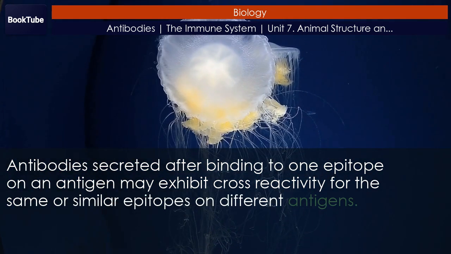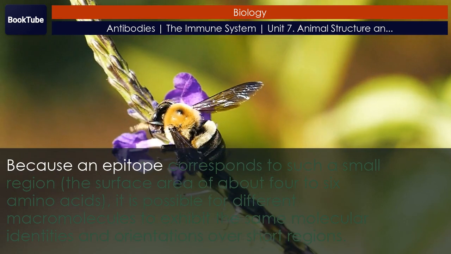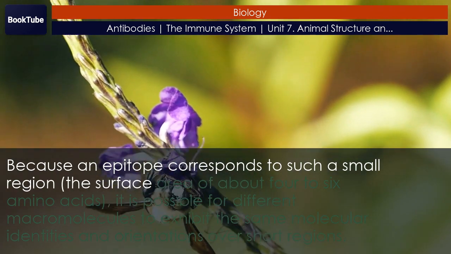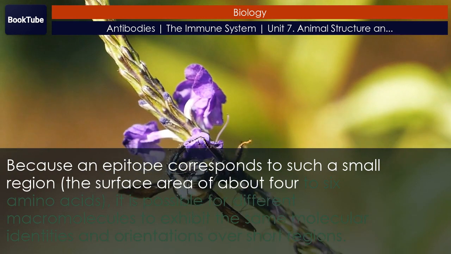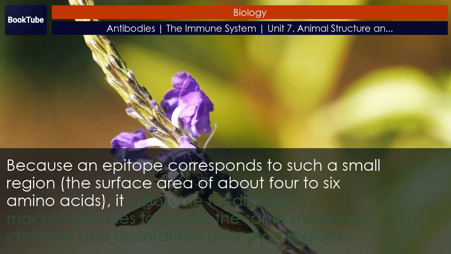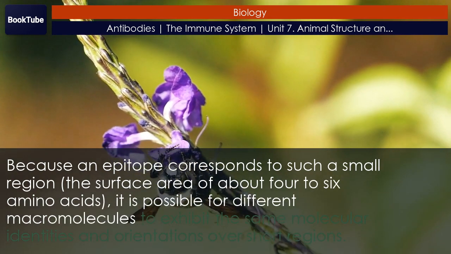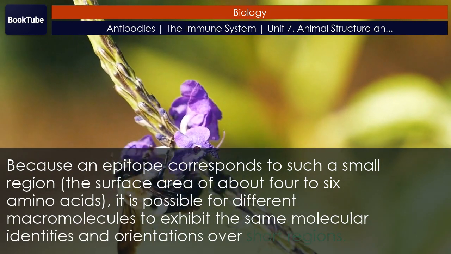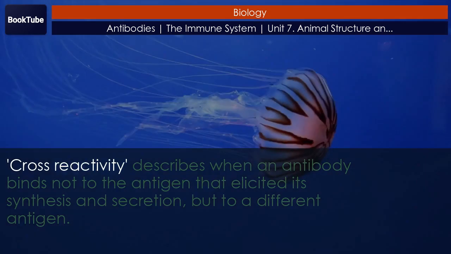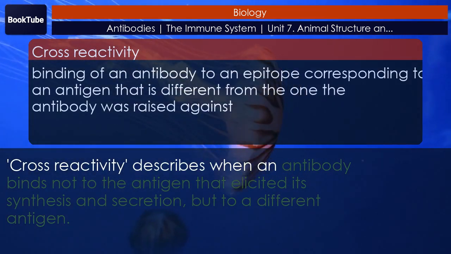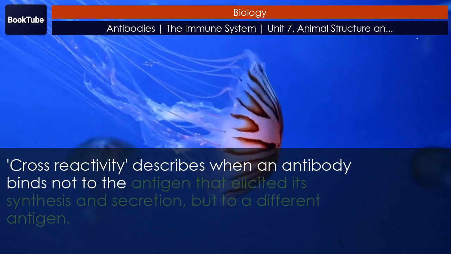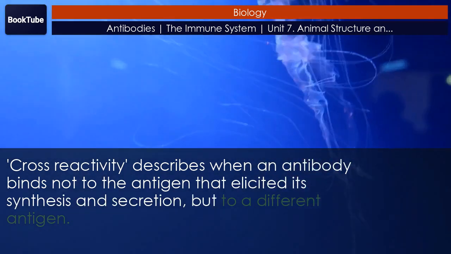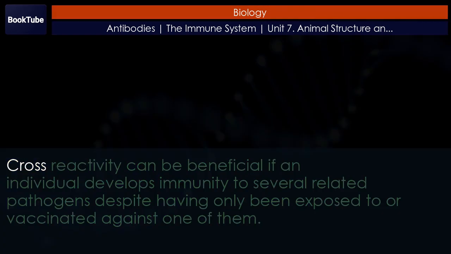on different antigens. Because an epitope corresponds to such a small region, the surface area of about 4 to 6 amino acids, it is possible for different macromolecules to exhibit the same molecular identities and orientations over short regions. Cross-reactivity describes when an antibody binds not to the antigen that elicited its synthesis and secretion, but to a different antigen.